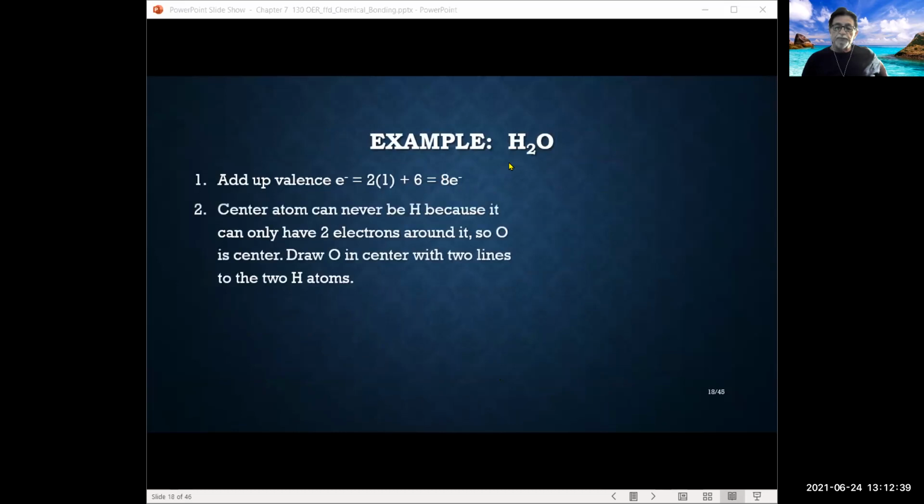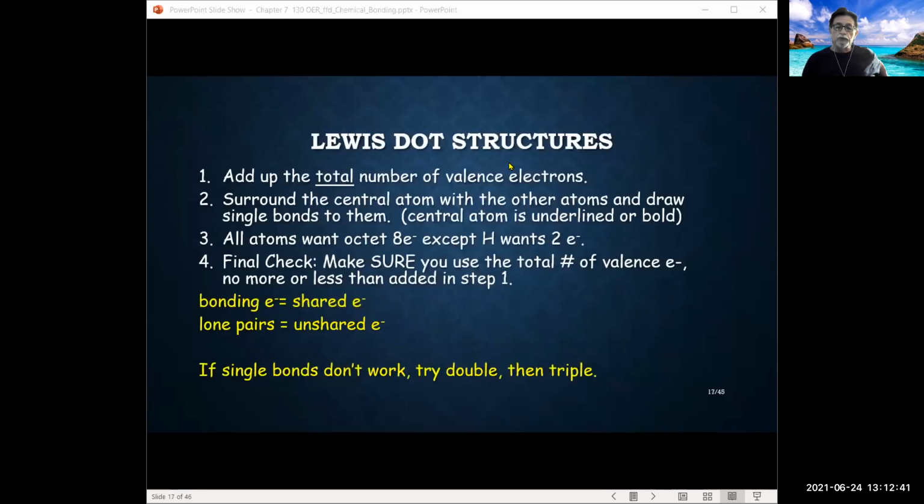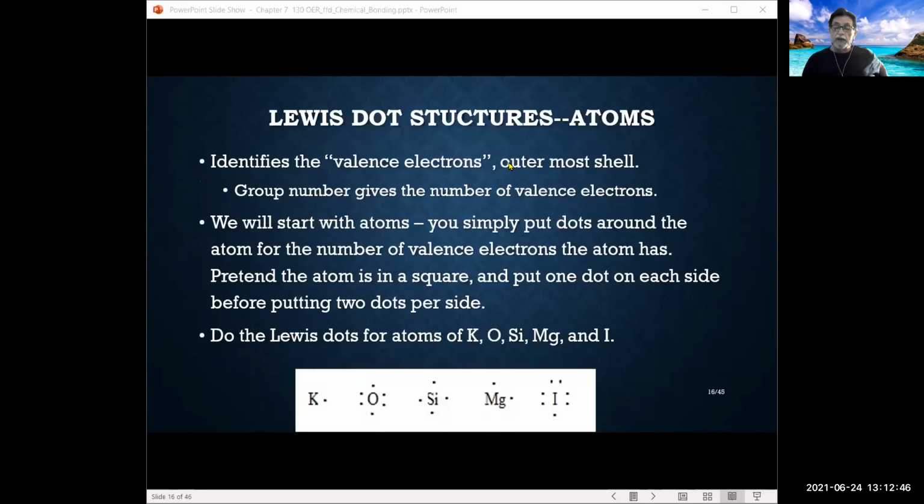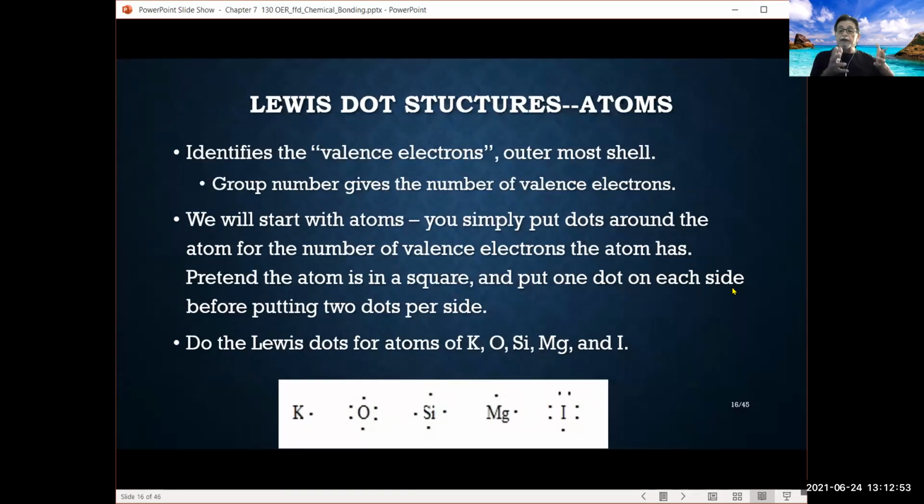Now we just began doing Lewis dot structures for the atoms, and those are straightforward. You simply find the valence electrons for that particular atom.